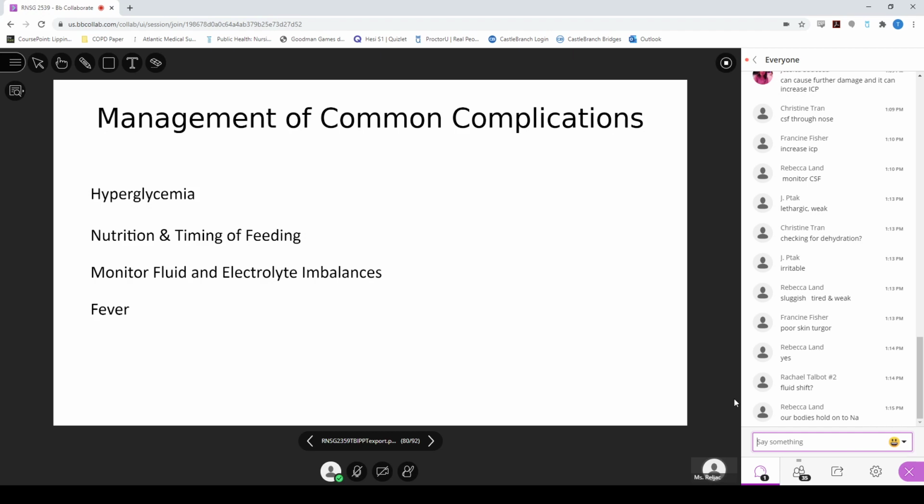Okay, and then how does hyperglycemia play a role in hyponatremia? How does hyperglycemia affect hyponatremia? It can cause an increase in extracellular fluid.